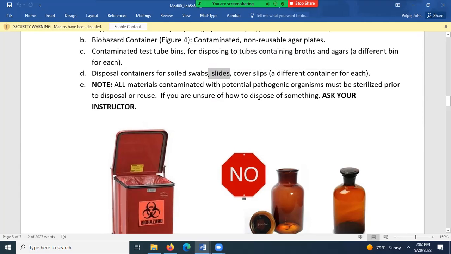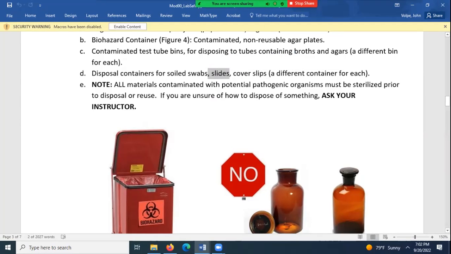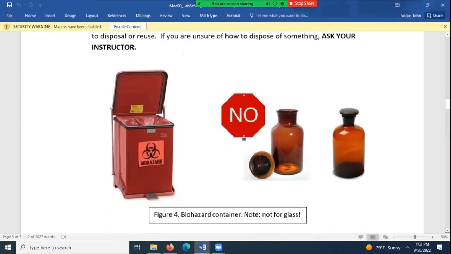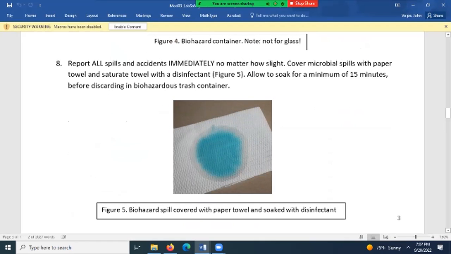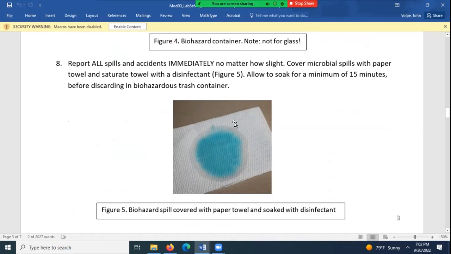Consider all organisms you're working with to be potentially pathogenic. If you're unsure of how to dispose of something, ask your instructor. Report all spills and accidents immediately to your instructor. Cover it with paper towels and then saturate it with disinfectant.